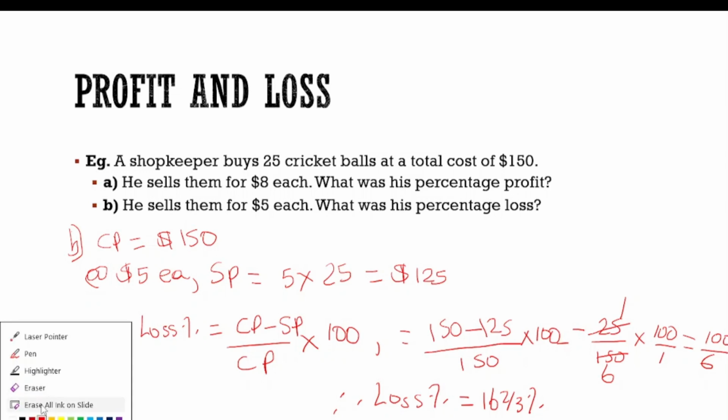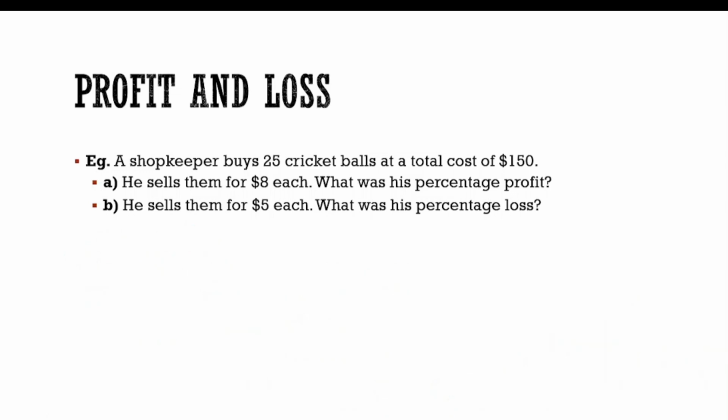Again, we could have done the alternate method where we calculated what the loss was first and then expressed that as a percentage. So we have the CP being equal to $150, and we know from before that the SP was calculated to be $125.